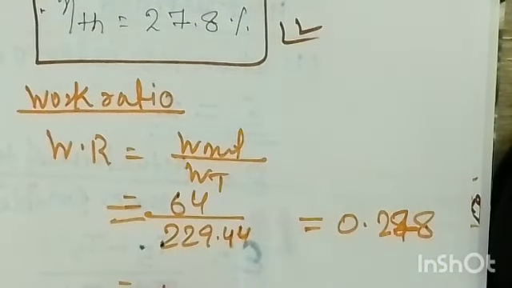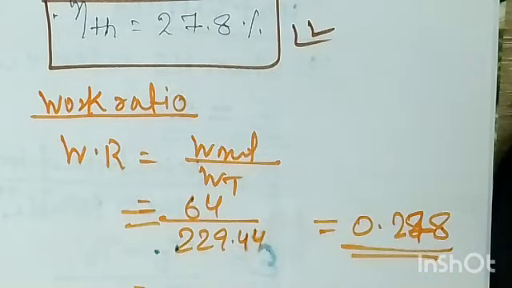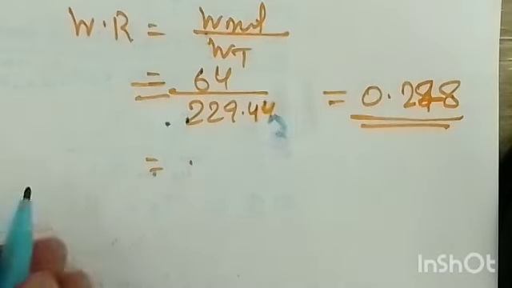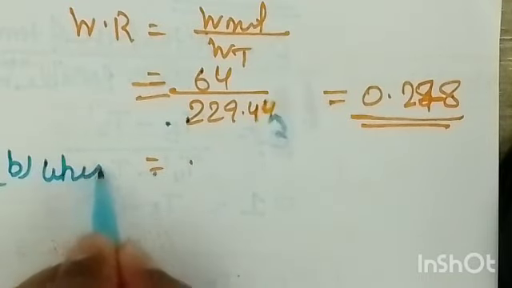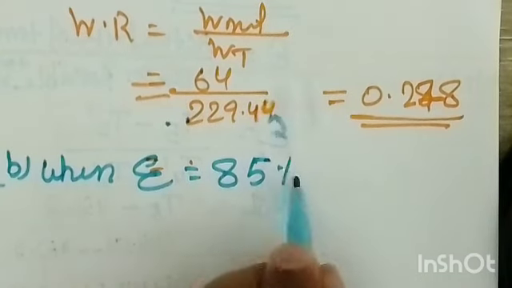Now next we have a case when the heat exchanger is not perfect, then the available heat of air is given as 85%, meaning this time we need to take the effectiveness of the heat exchanger as 85%, which is 0.85, right? So the second case, case B, is when effectiveness is equal to 85%.